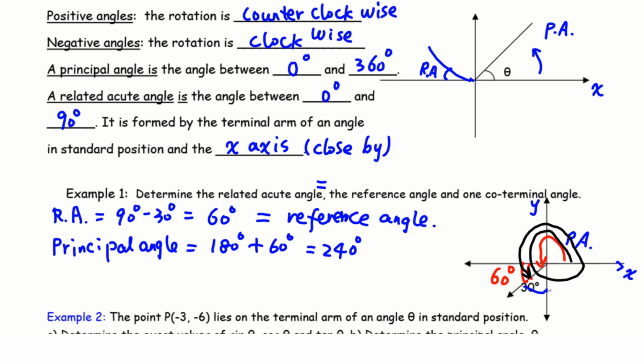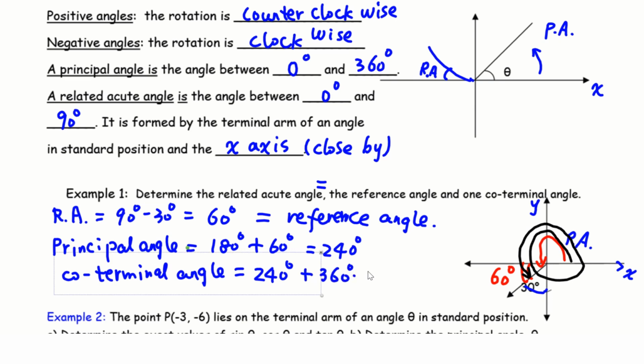So the coterminal angle equals 240 plus 360 degrees, or you could add 360 times 2, which is 720 degrees, and you will have the coterminal arm again.